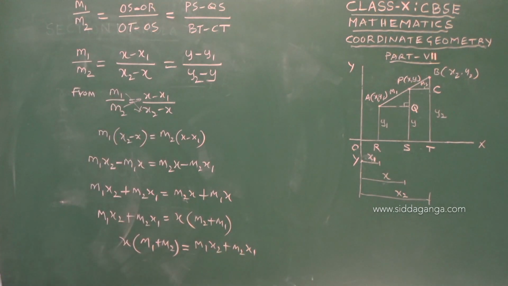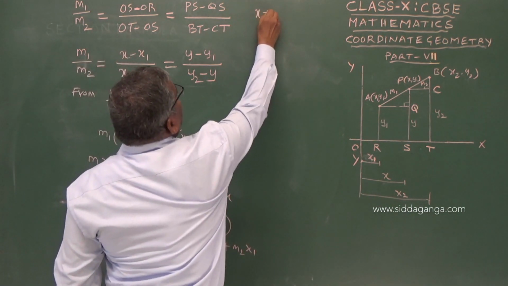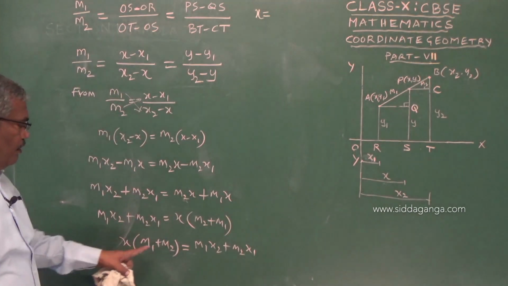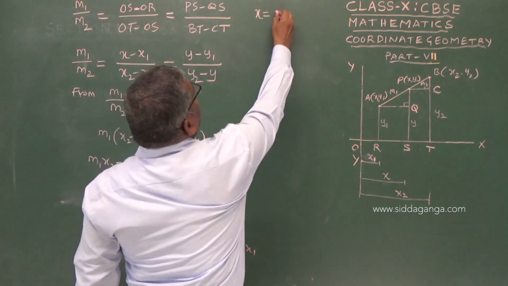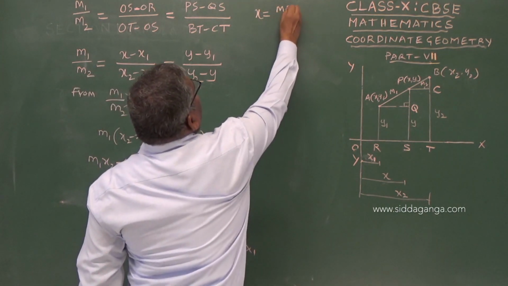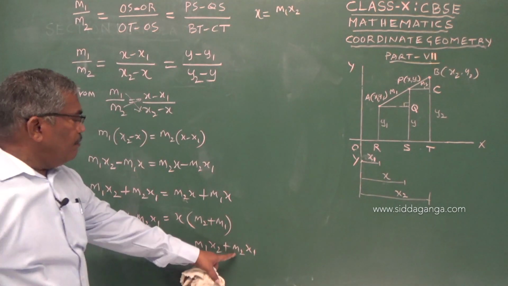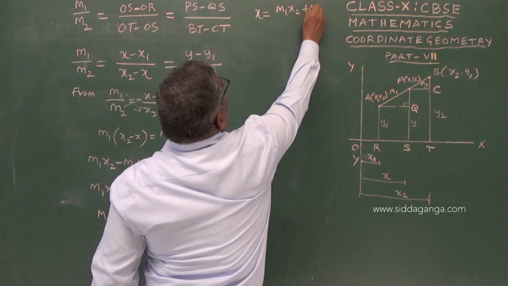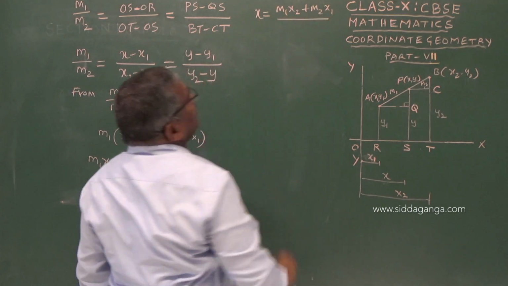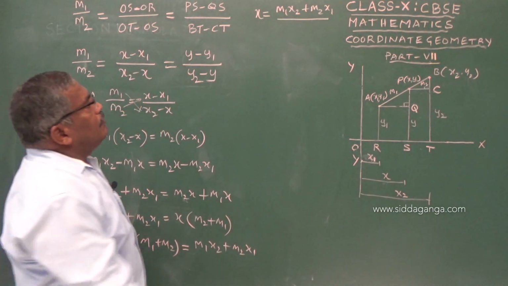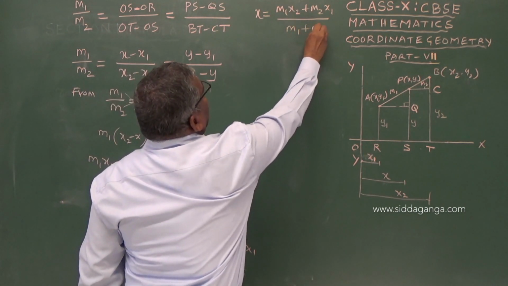So therefore x will be equal to M1 x2 plus M2 x1 divided by M1 plus M2.